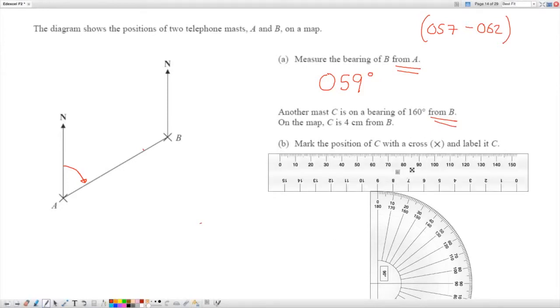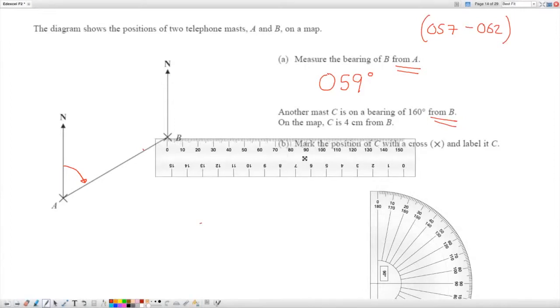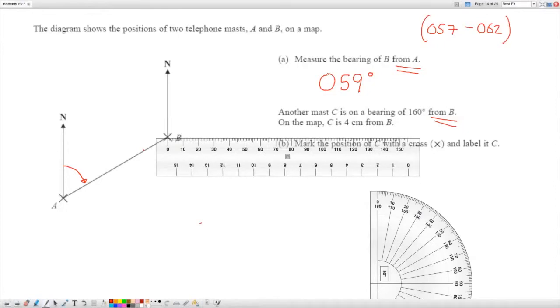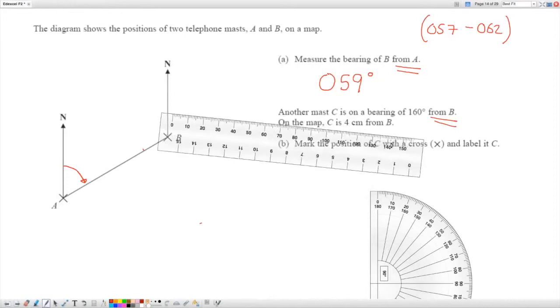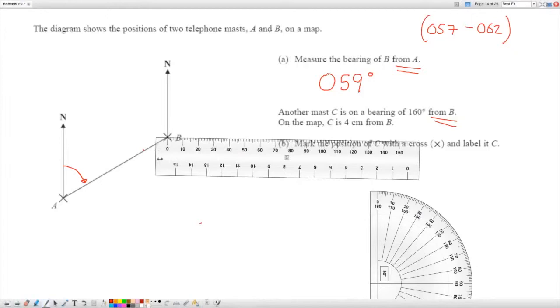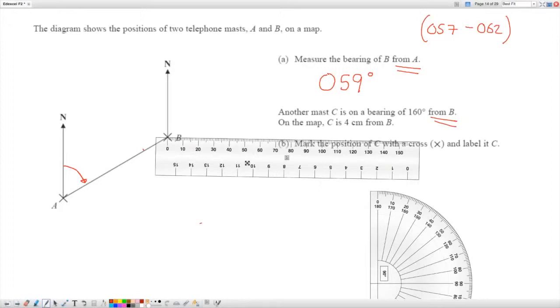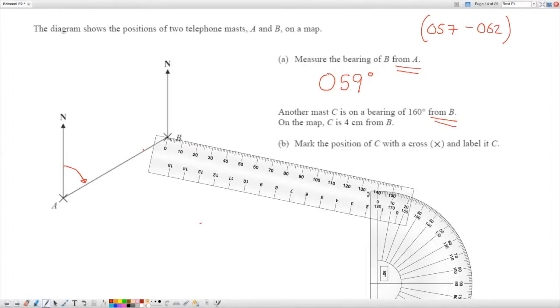So using your ruler, putting your 0 on B, turning your ruler around. Oh, that's my scale changing. I need to line that up again. There we go.